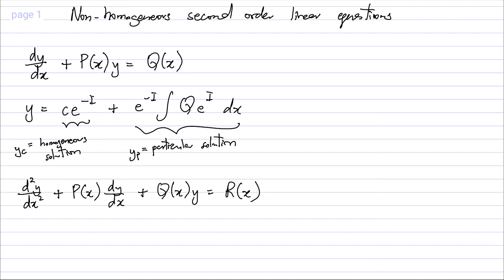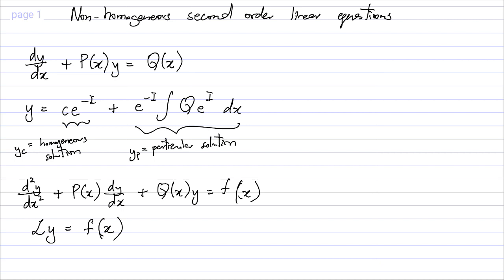First of all, remember that I can write this as some linear operator L on y is equal to r of x. Just for consistency with the notation followed in Boas, let me call this f of x, so that you're not confused when you read the book. So this is f of x.